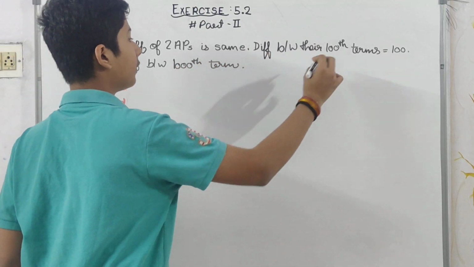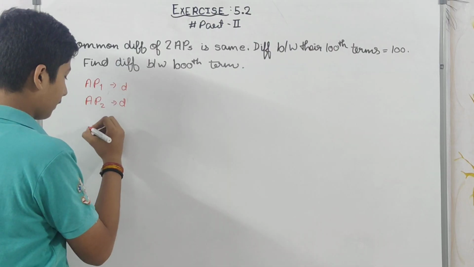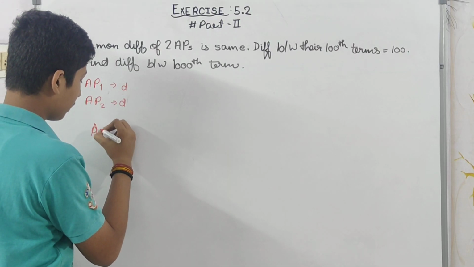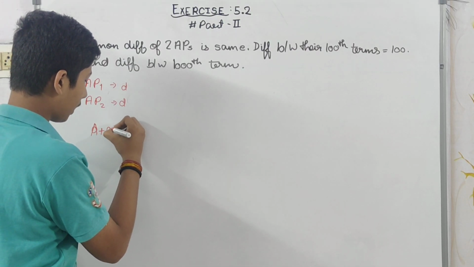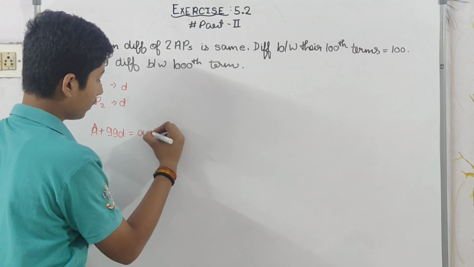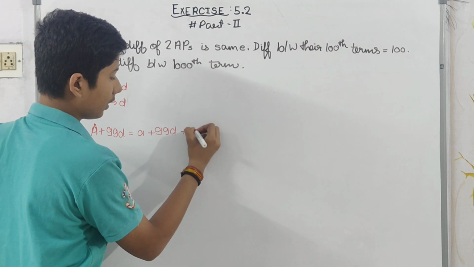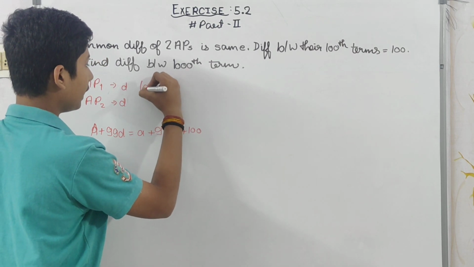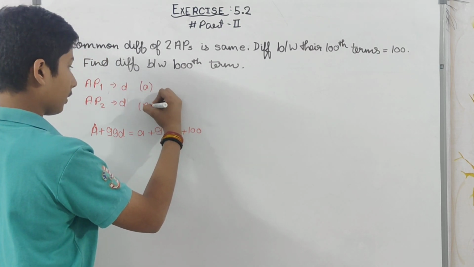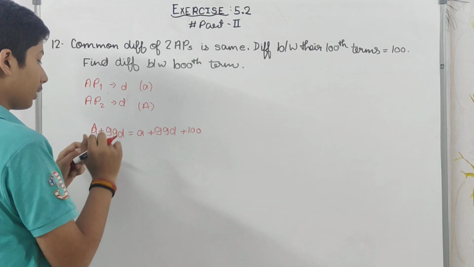Now the difference between their 100th terms is 100. So a, their a will be different, plus 99d equals a' plus 99d plus 100. We'll assume a and a' here. So the difference between their terms is 100.